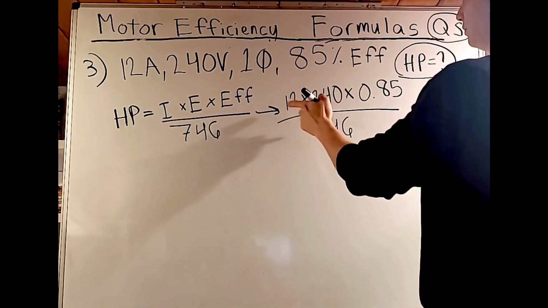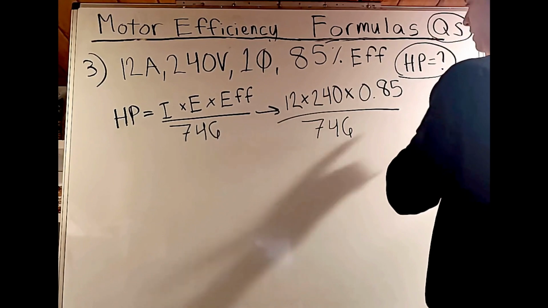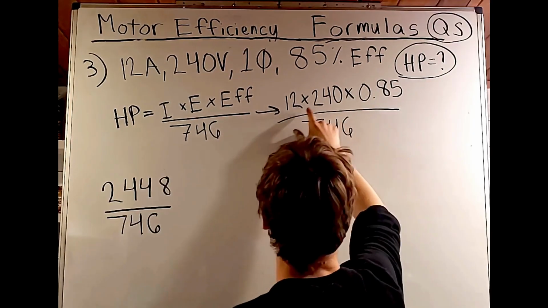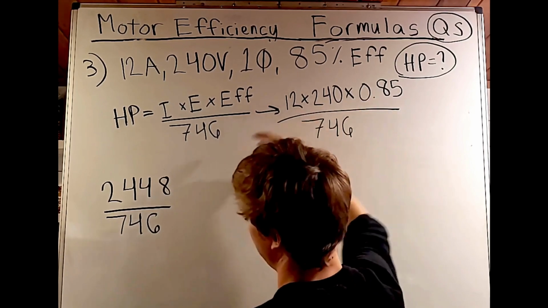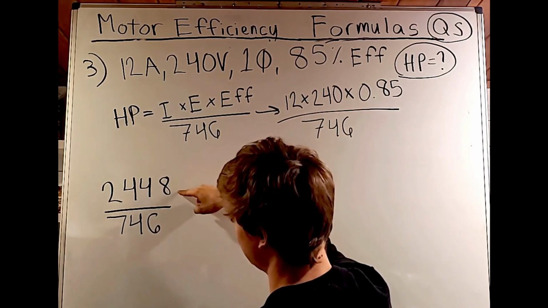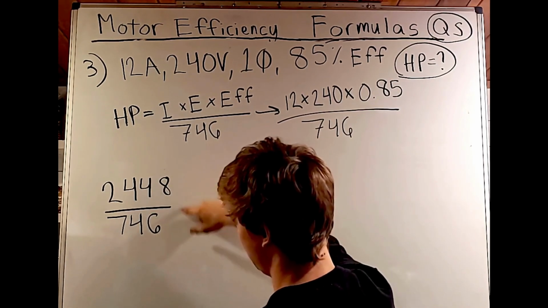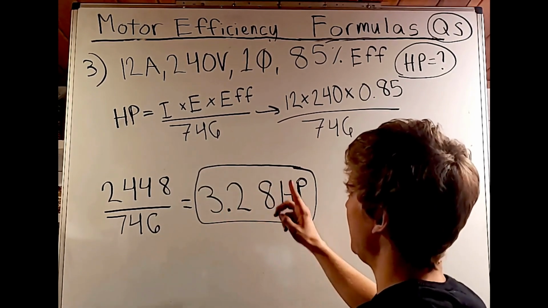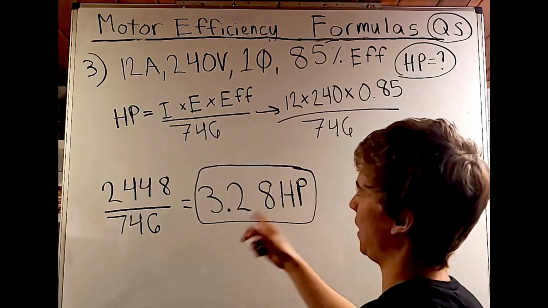And remember, we're going to multiply all this, get a final number, and then we're going to divide that by 746. 12 times 240 times 0.85 is going to give us 2,448 over 746. And that is going to give us 3.28 horsepower for our final answer.